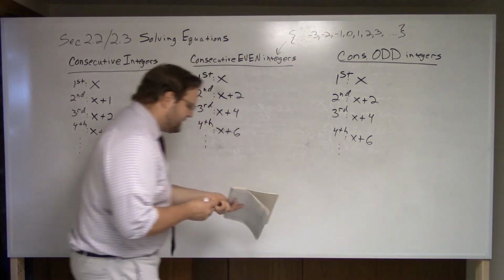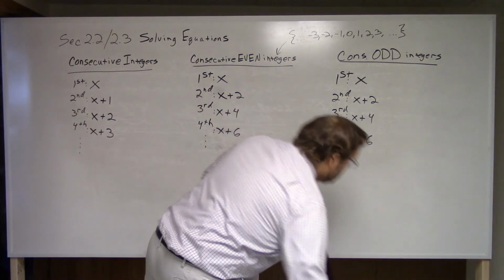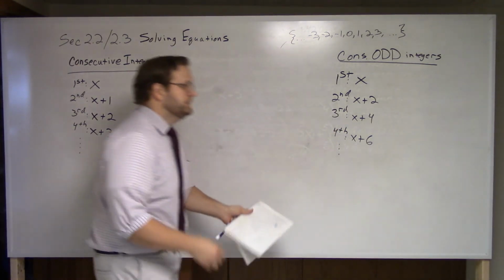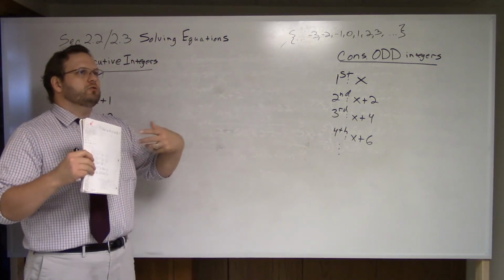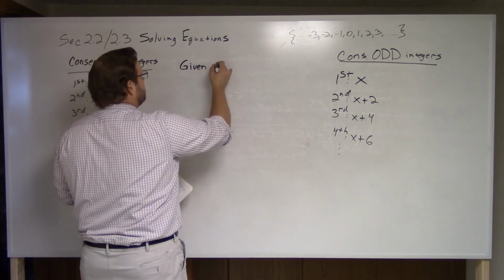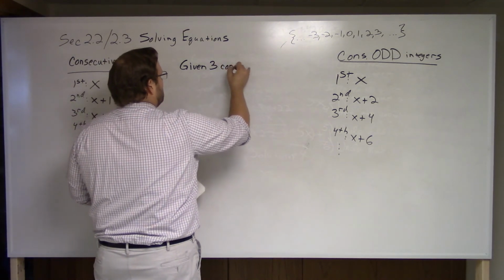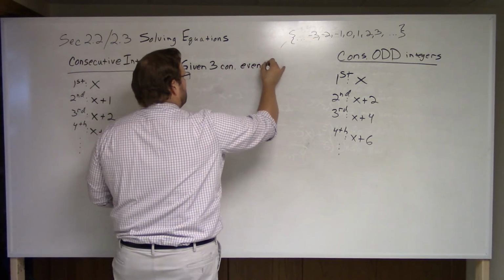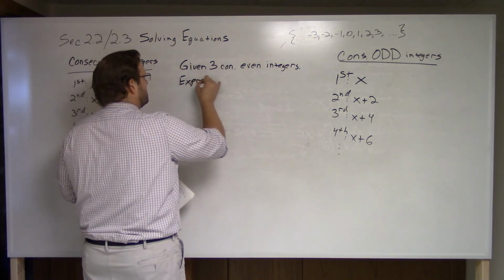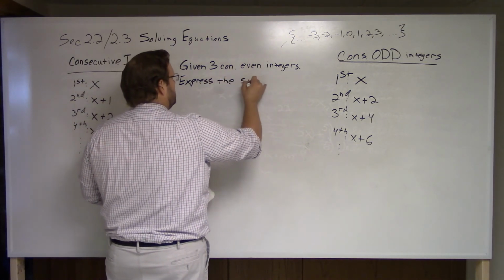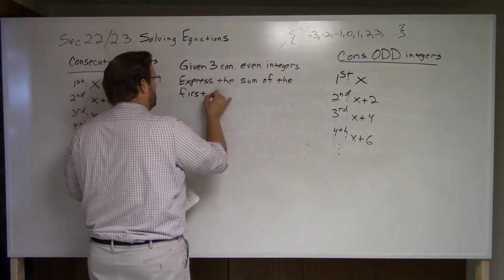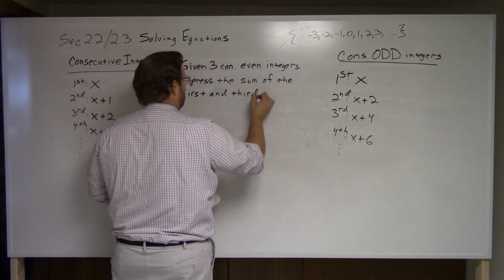Okay? Now, the type of problem they're going to show you in this section, let me just make some room here, would be given 3 consecutive even integers, express the sum of the first and third.